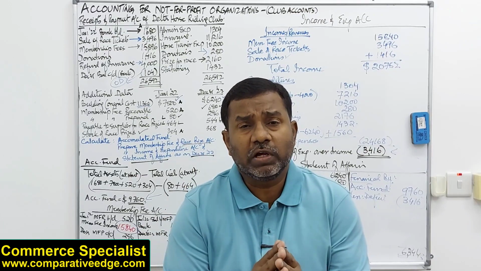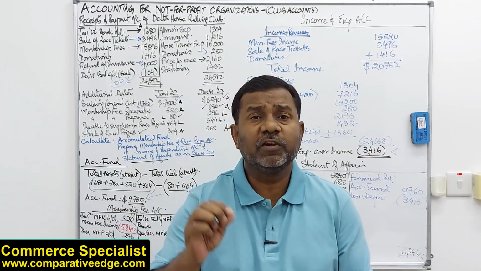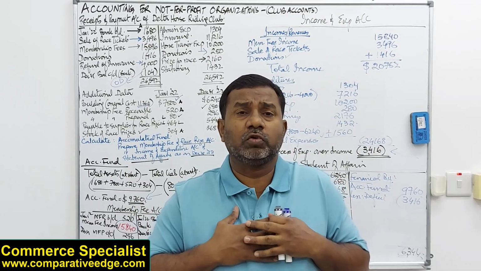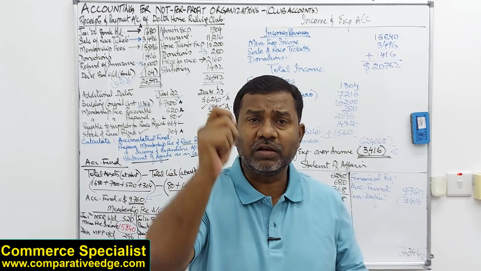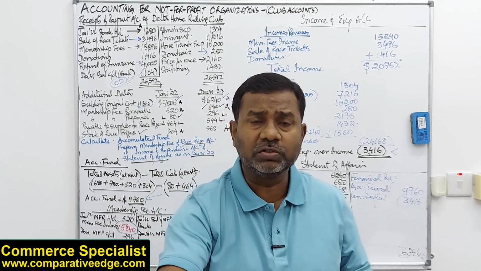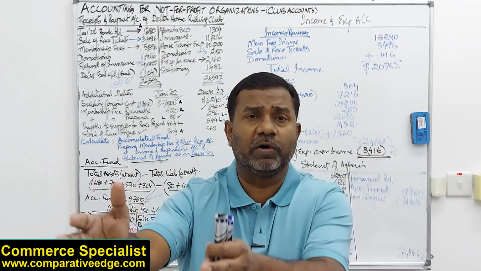But sometimes donations are received for a specific purpose. Let's say I am the donor. I am giving your club a donation, let's say 10,000 US dollars or 1 million US dollars, but I want you to use this donation for a specific purpose.